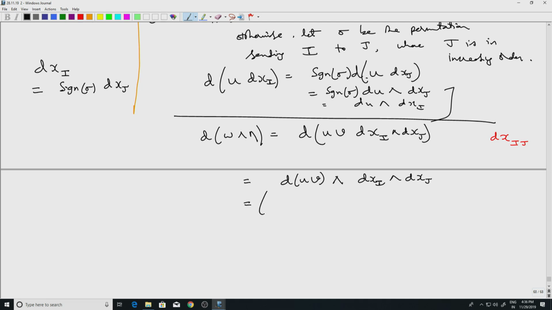Now again use the Leibniz formula here to get (u dv plus v du) wedge dx_I wedge dx_J.